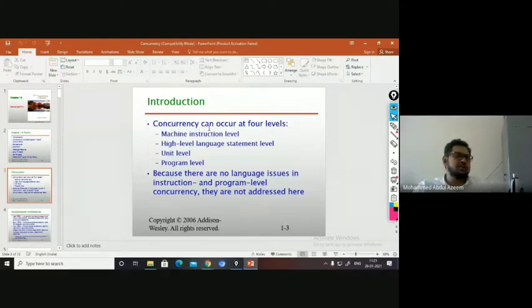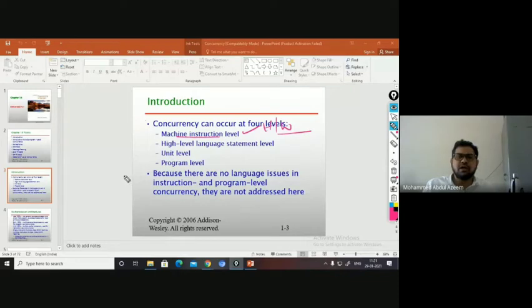This anyway majorly deals with the hardware, as we said, right? So we are more interested in knowing how concurrency can be achieved at the programming level. This has been discussed before from the hardware point of view, right?